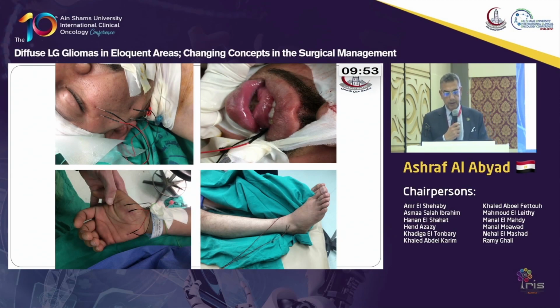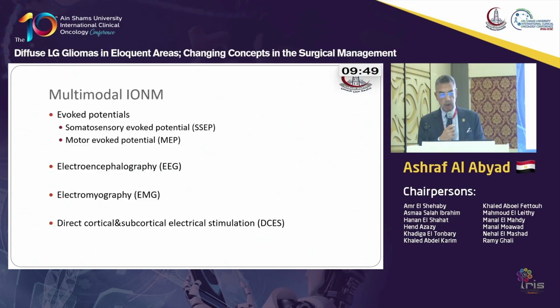And we connect these subdermal needle electrodes to the equipment, which actually can generate evoked potential, either somatosensory or motor evoked potential, EEG, EMG, as well as direct cortical and subcortical electrical stimulation.